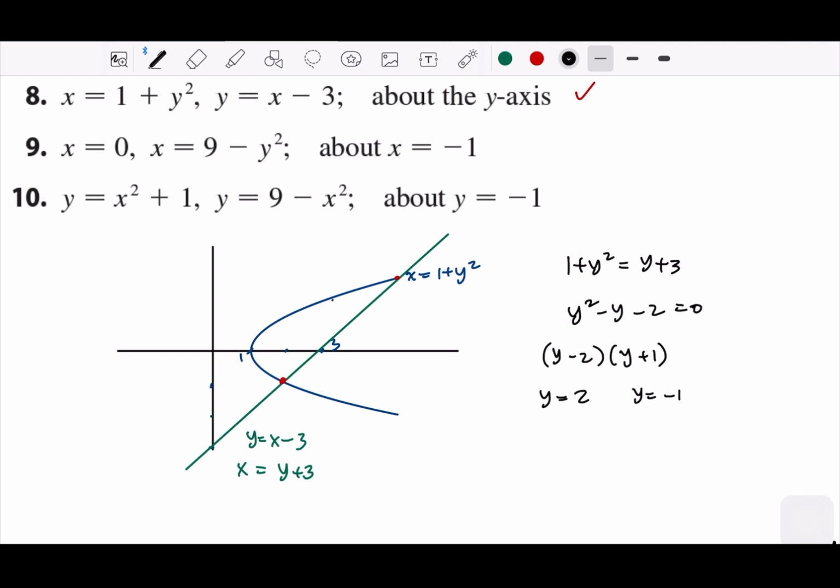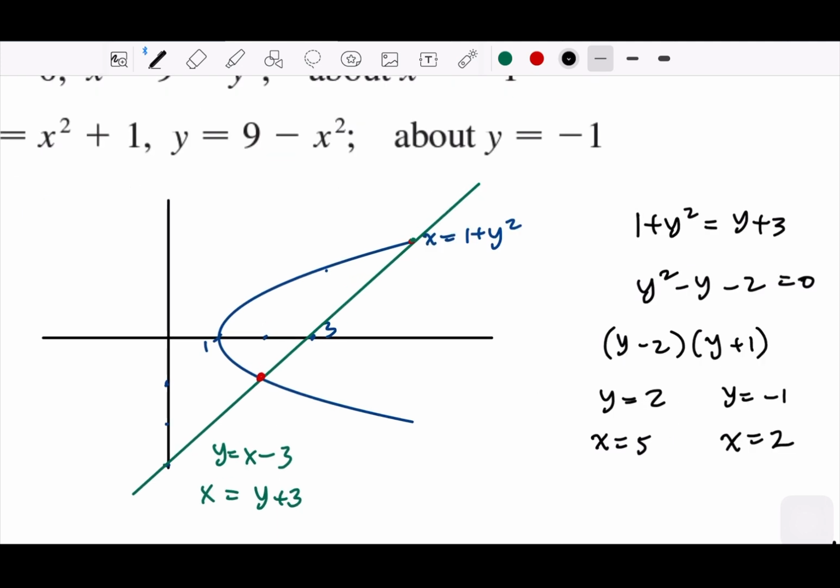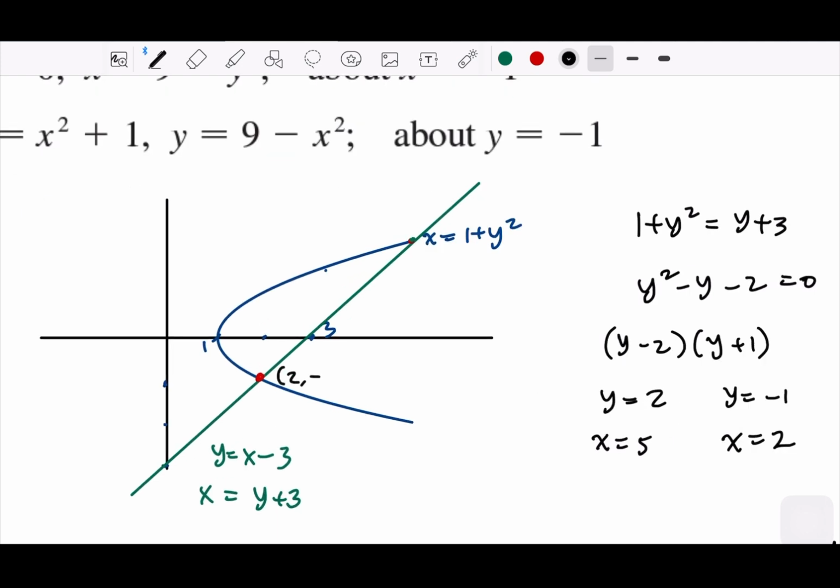When y equal 2, x is equal to 5. When y is negative 1, x is 2. So this is 2 and negative 1, and this is 5 and 2.